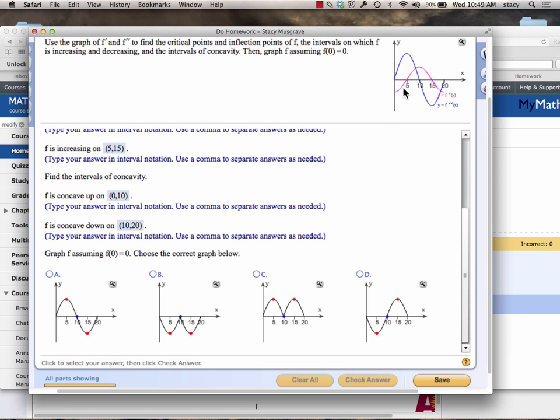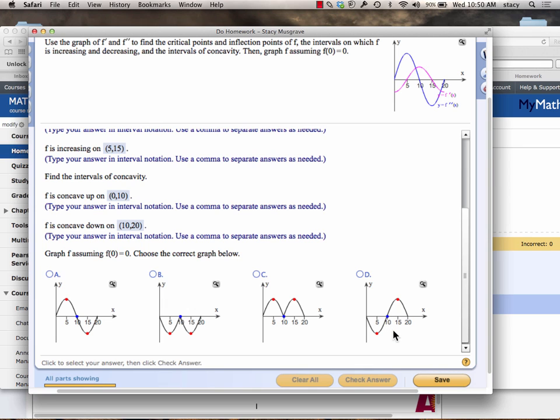Sweet. Okay. And then let's see. So what's the difference between B and D? At 10, what's the difference between what goes on at 10 in each of these graphs? So in D, the point at 10 is an inflection point, right?